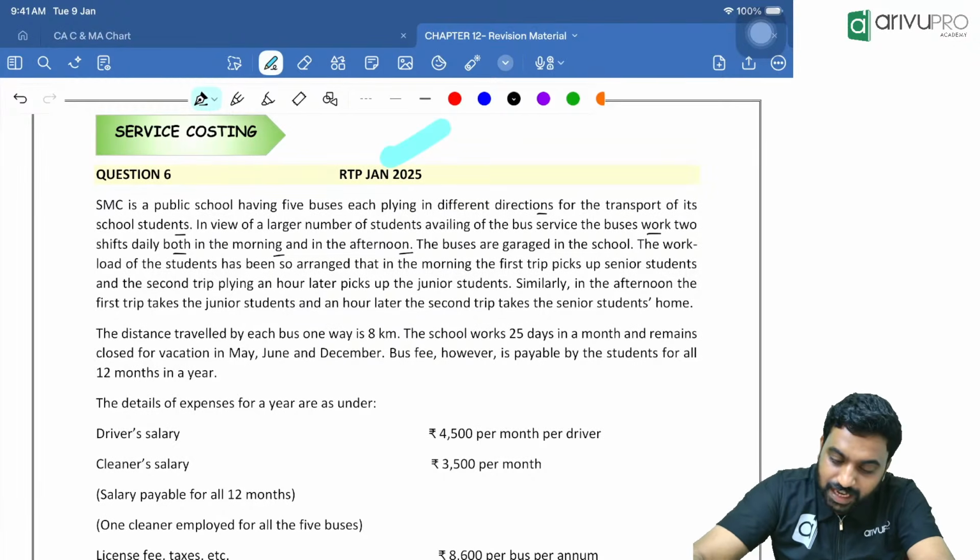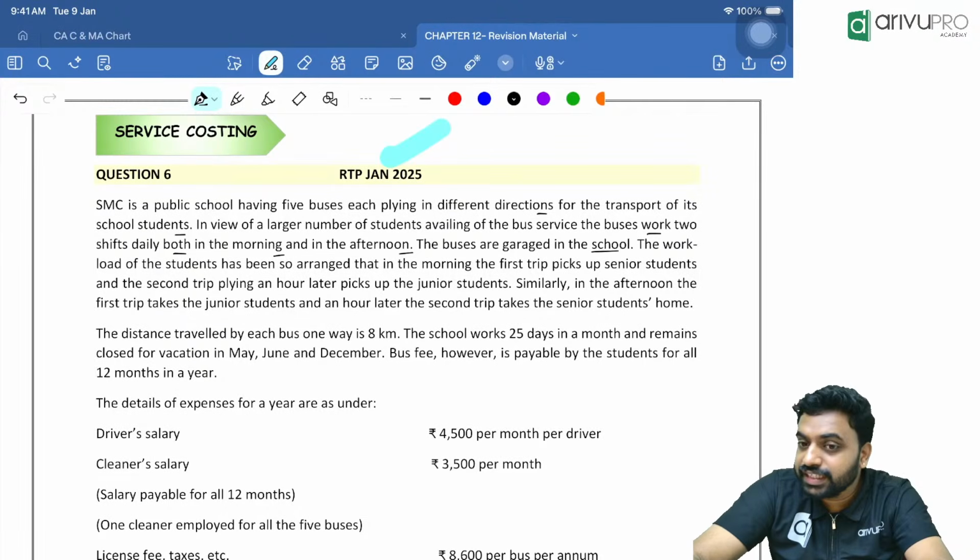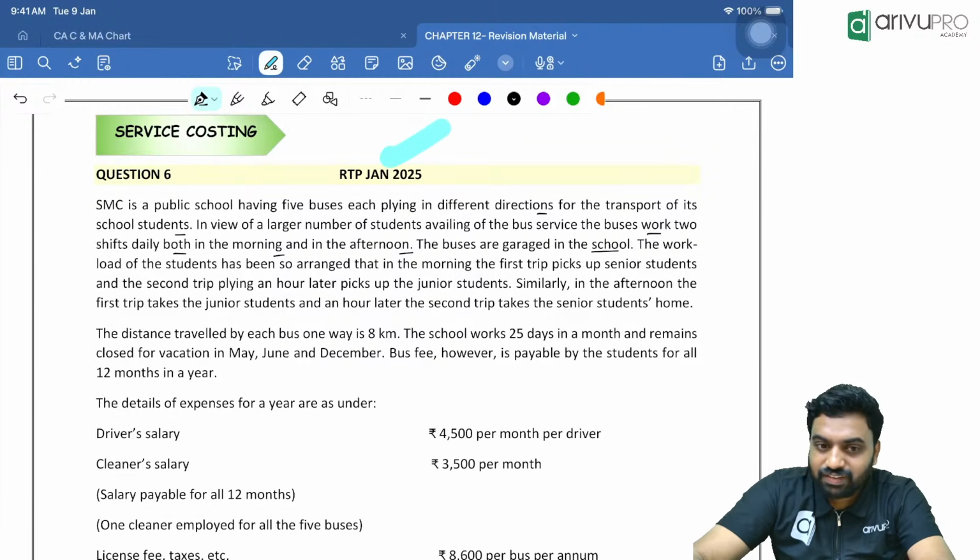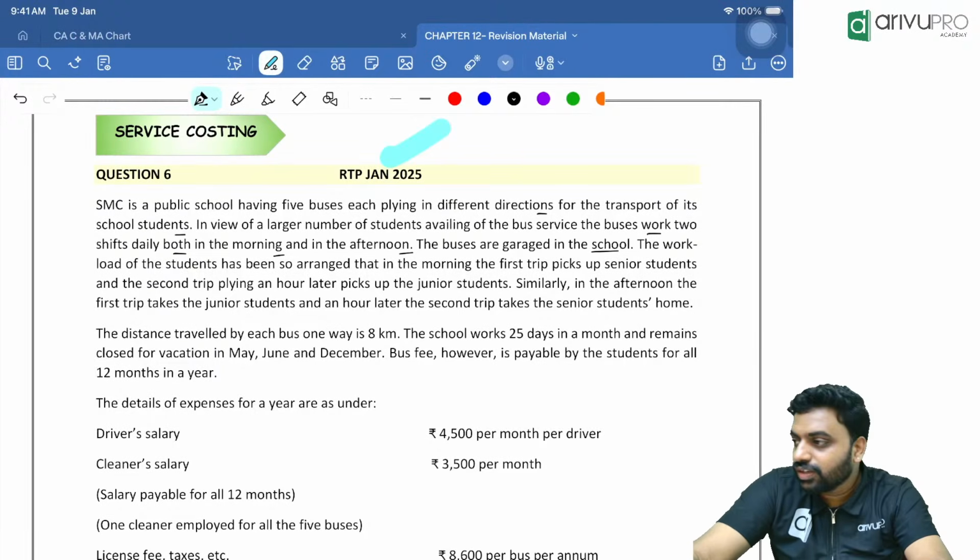The buses are garaged in the school only. This point is also important because there is no need to pay garage rent. If it was garaged somewhere else, then rental should be there. Also, this point is important because of kilometer distance traveled.